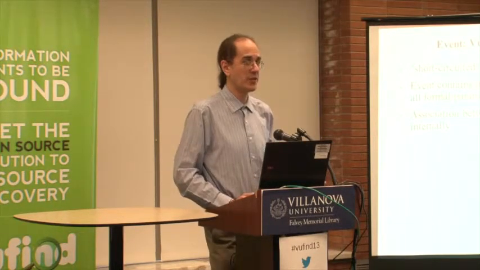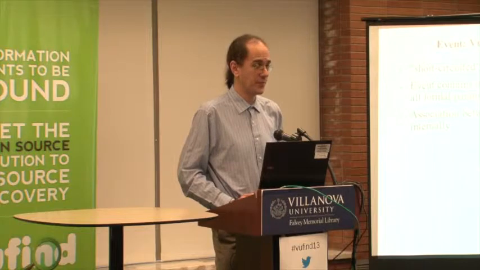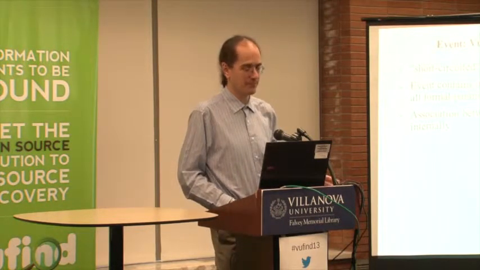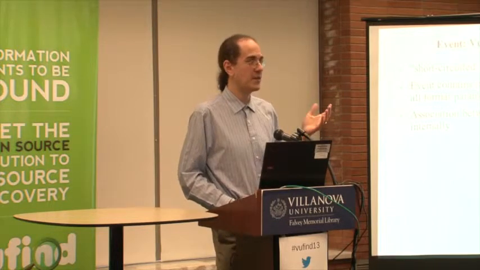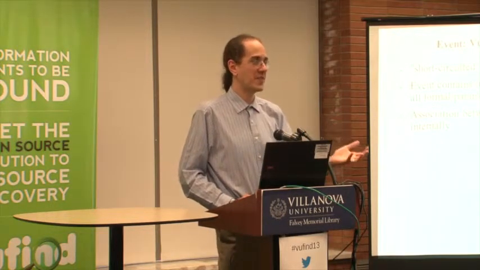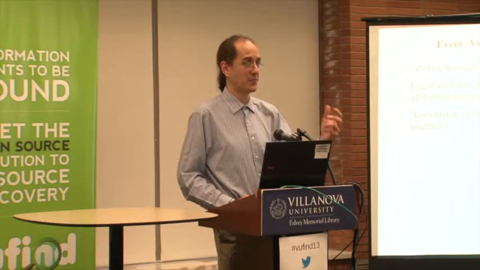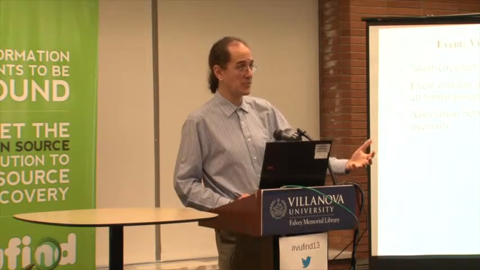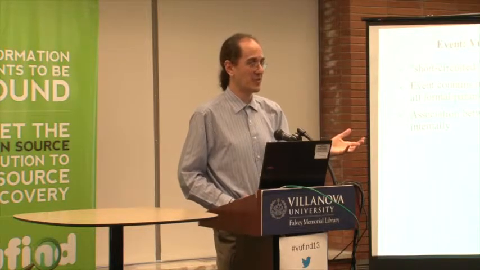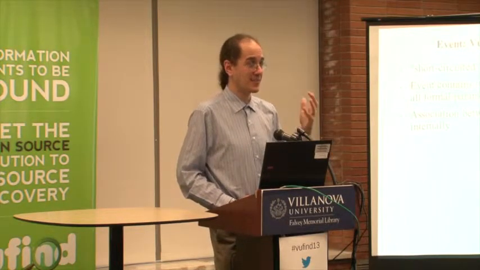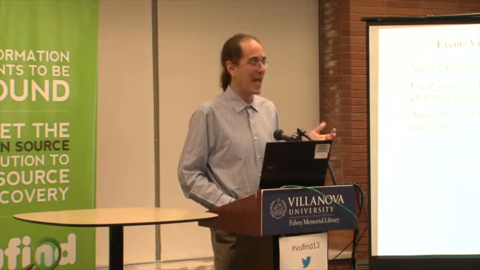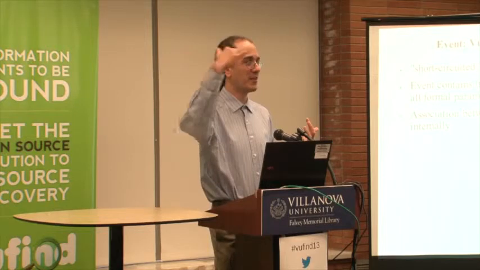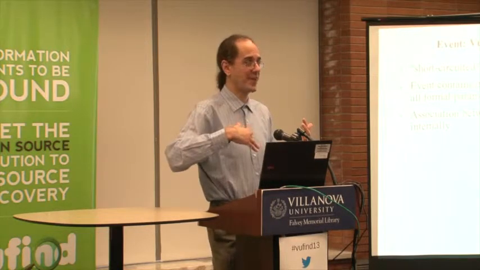So let's talk about all of the events that are possible. First of all, there's an event called event resolve. As I say, the first parameter that you send to the search service when you're doing anything is which backend that you want the search service to use to perform that search. And the way that the service finds the backend is it triggers the event resolve event and then sees what comes back from that event.